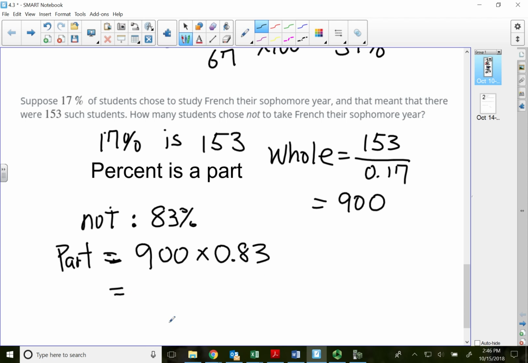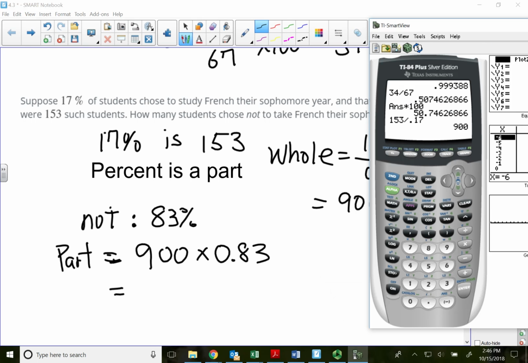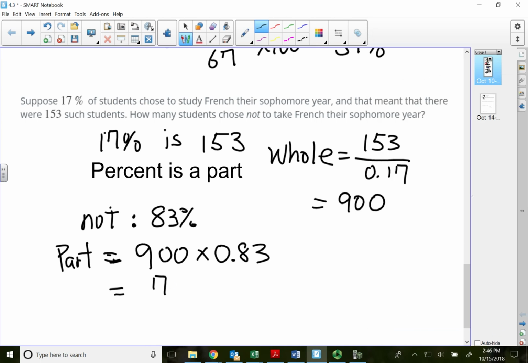All right. So let me figure out this answer real quick. 900 times 0.83. So the students that are not studying French is 747.